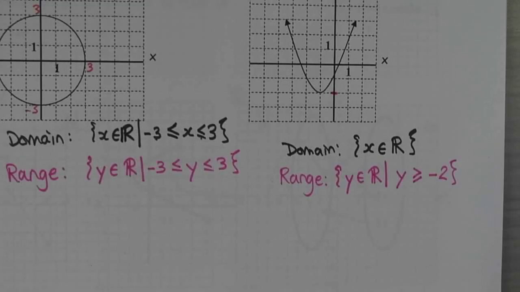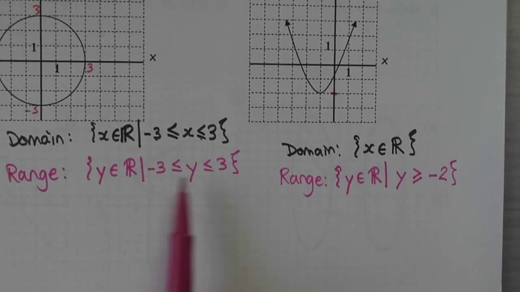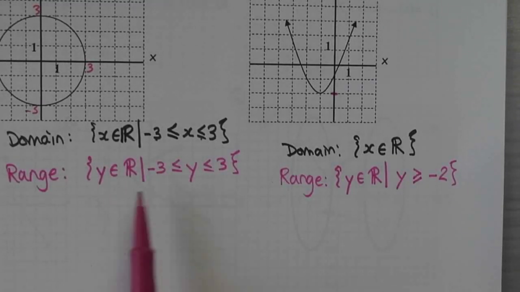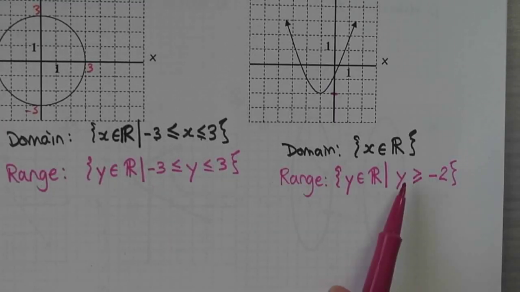Any questions? Yeah. Does it matter which way you write it? Like if it's -3 is less than or equal to y, or y is less than or equal to 3, does it matter which order you put it in? You put the y first on the range, but then on that range... Well, because there's only one restriction, right?